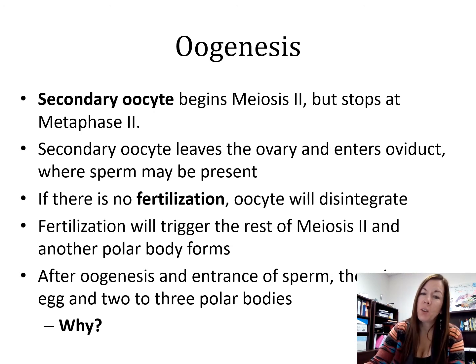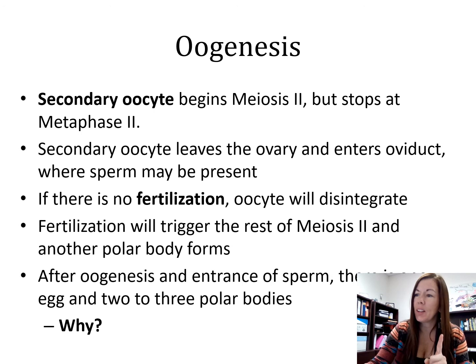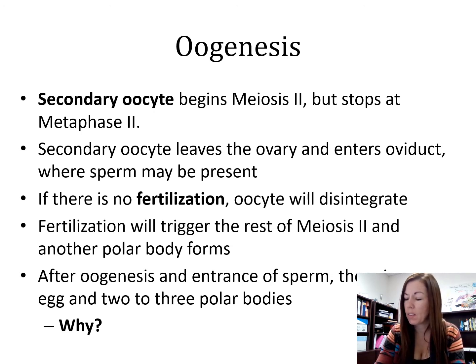And after oogenesis and the entrance of sperm, there is one oocyte and 2 to 3 polar bodies, which, if there's no sperm present in the fallopian tubes or the oviduct, will just go on to disintegrate.